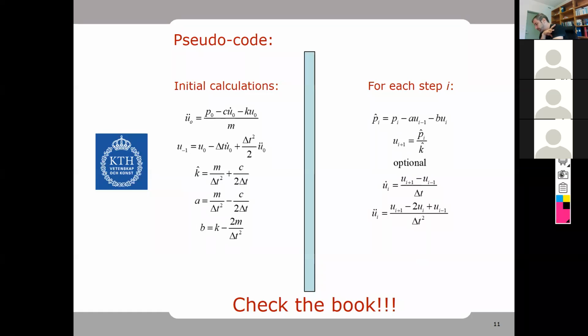for a single degree of freedom, we have a value for the displacement, right? And we have a value for the stiffness, and for the mass, and for the damping. And these are all numbers, so we can operate them how it's described in this slide. But if we have a multiple degree of freedom system, then let's say we have a structure with 100 degrees of freedom, which is very little actually.